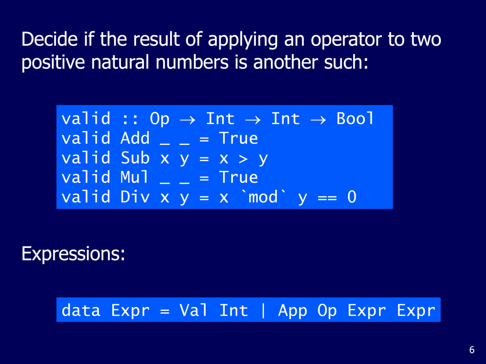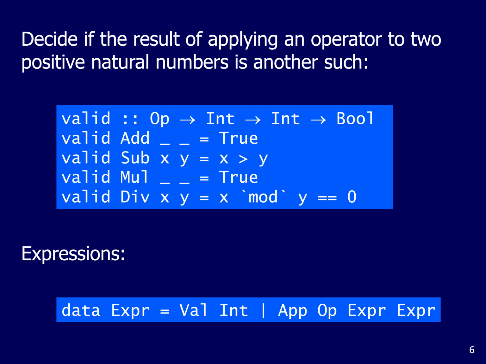So this little function is going to check whether applying an operator is actually valid from the point of view of the rules of the game. So valid is a function. It takes an operator as its first parameter. It takes 2 integers as its second and third parameter, and these will be positive natural numbers. And then it gives back either true or false, depending on whether, if we were to apply the operator, we would get a positive natural number as the result.